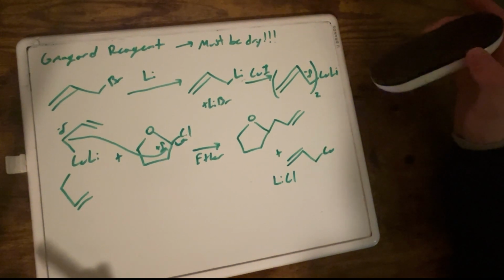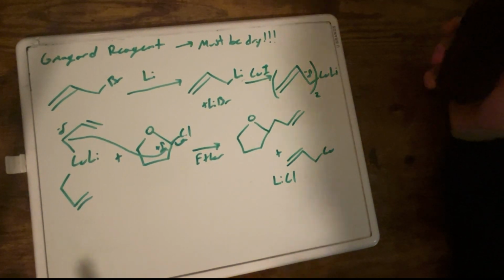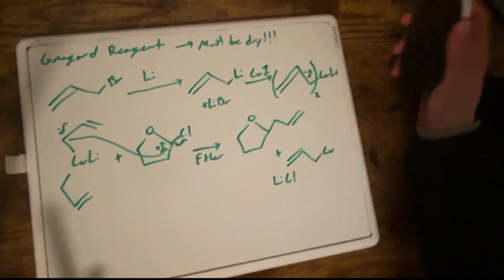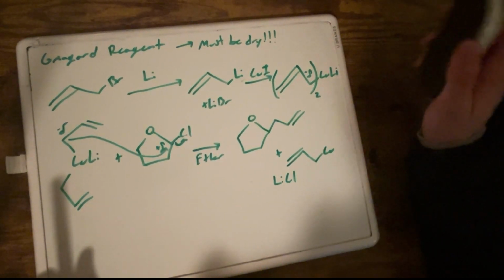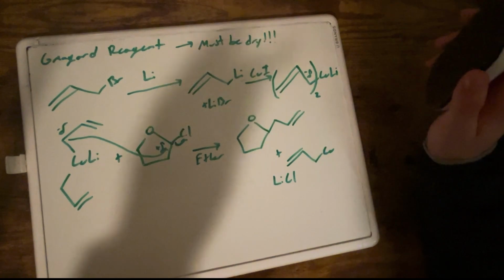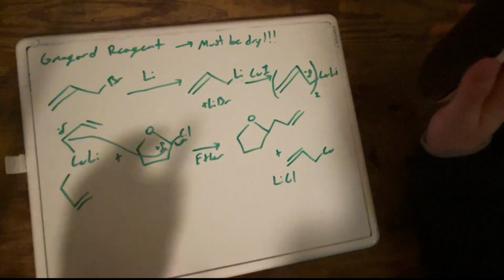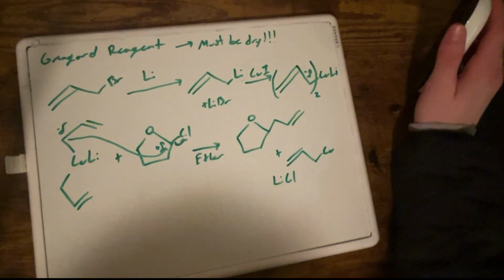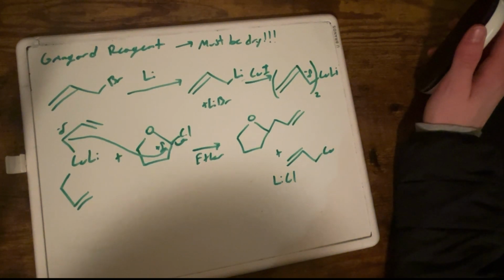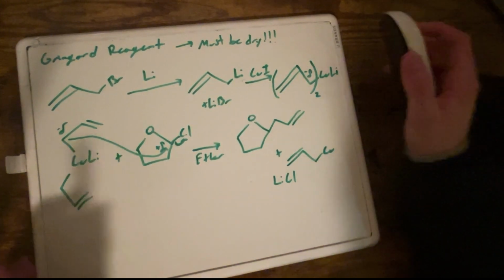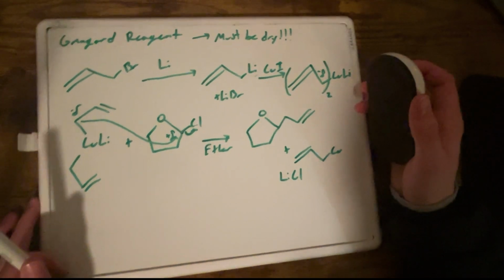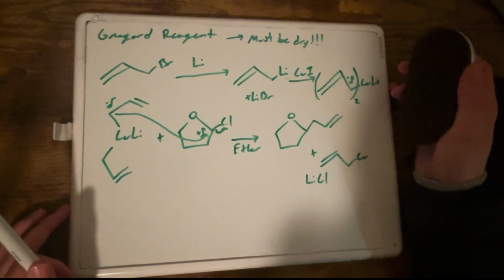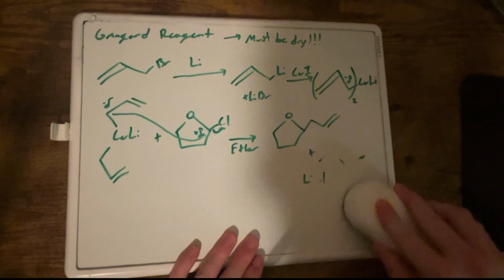If this is a Grignard reagent, I apologize because his notes, my professor is a little disorganized, but he gives a ton of examples, which I'm grateful for because it helps me understand. But yeah, this behaves very similarly to a Grignard reagent. Obviously minor differences, but yeah.